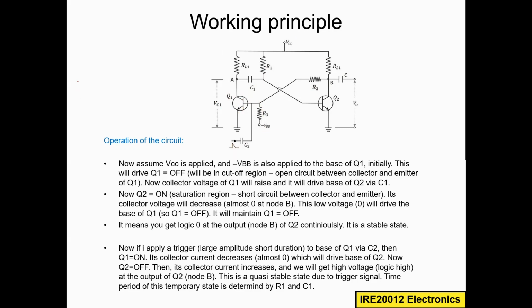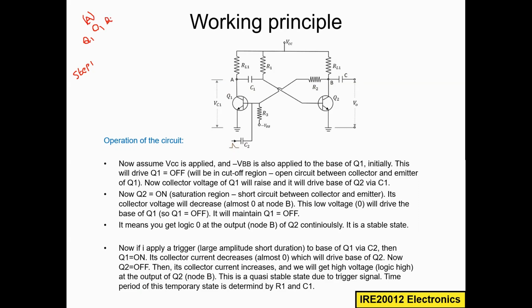Let us say, step 1. What I'm doing here is Q1, and the collector of Q1, that is output 1, I indicated with the letter A. A is nothing but the collector of Q1.